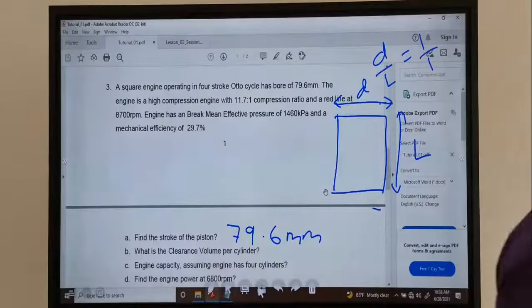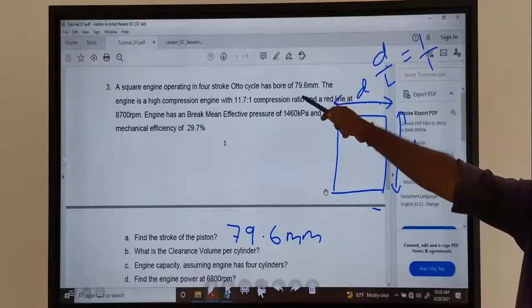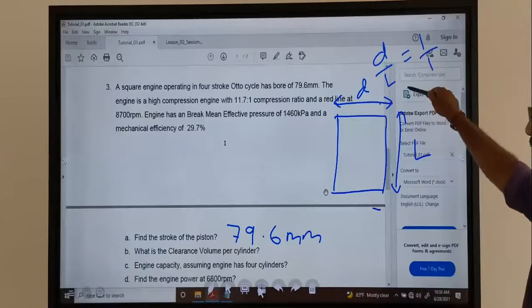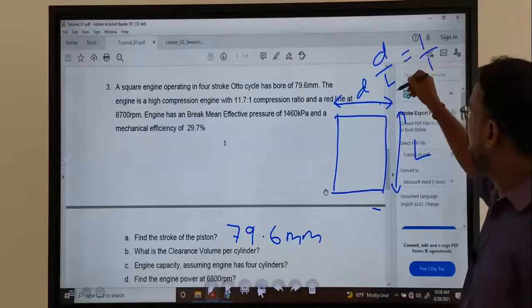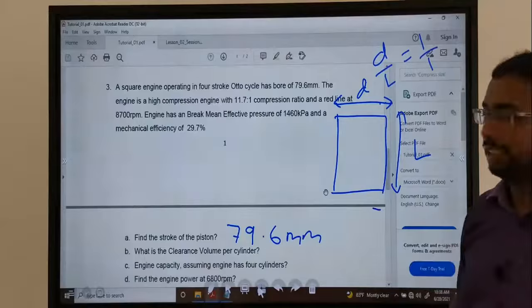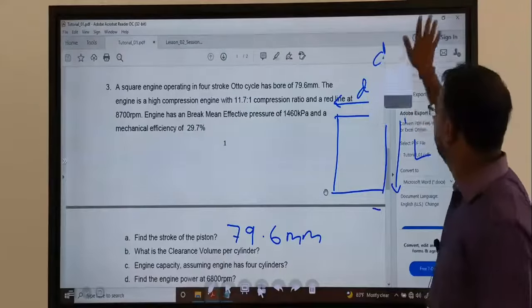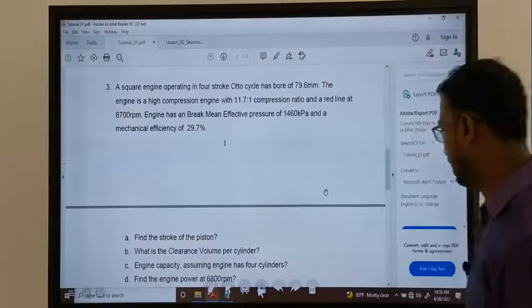We can straightly put 79.6 millimeter for the stroke. Only this thing is different.